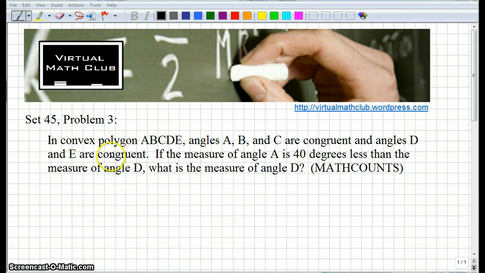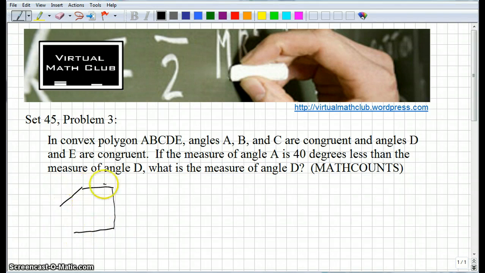Alright, well, this is a geometry problem, so I like to draw pictures first of all. So let's just draw this. It's a 5-sided polygon, right? Because we have 5 vertices, we're going to have 5 sides. So let's draw something that this might look like.